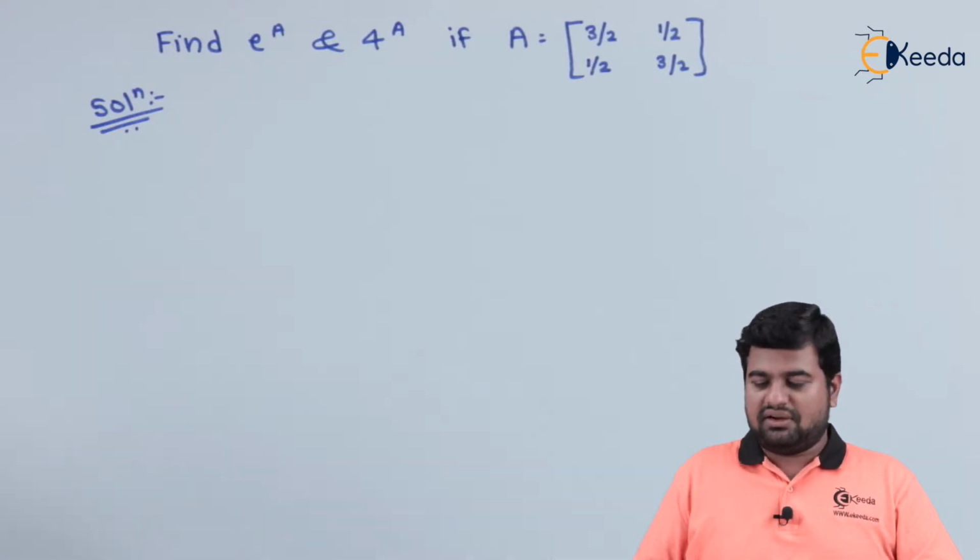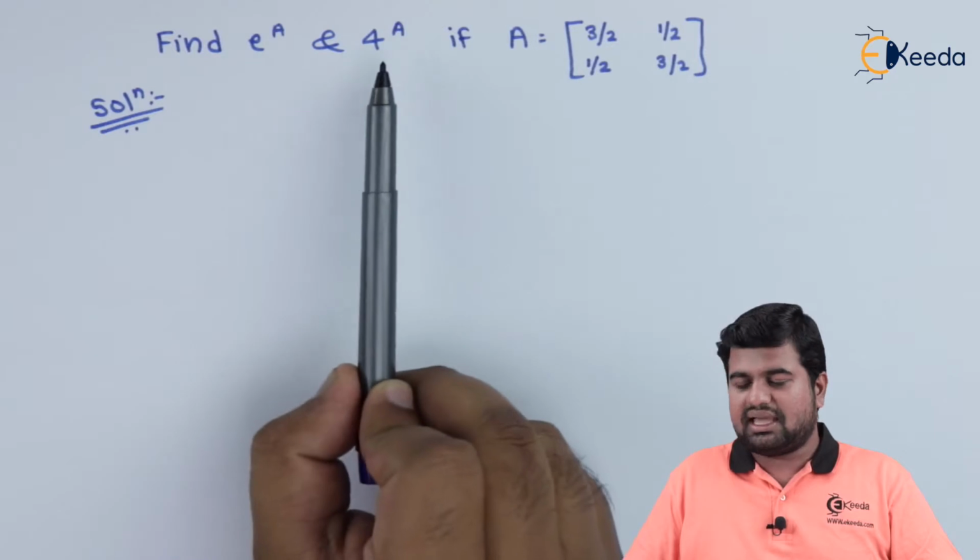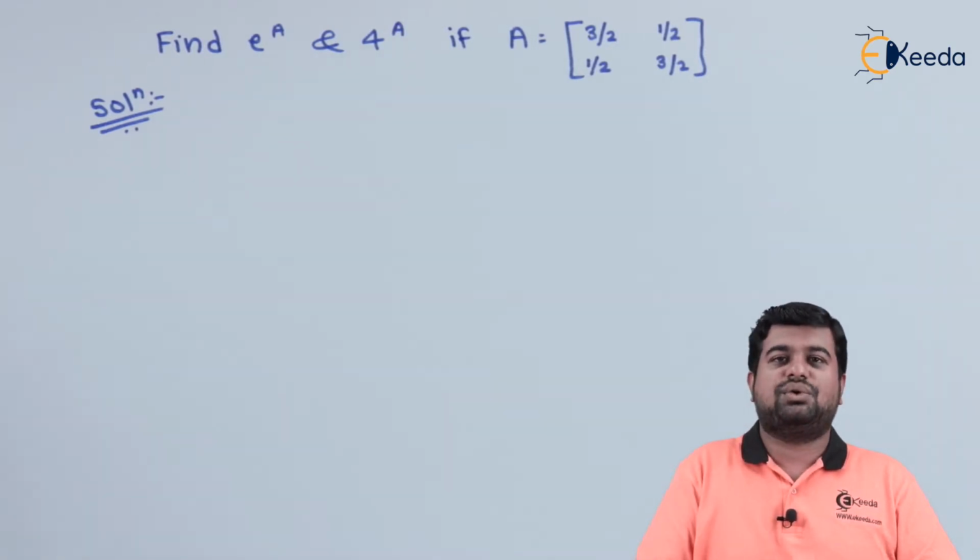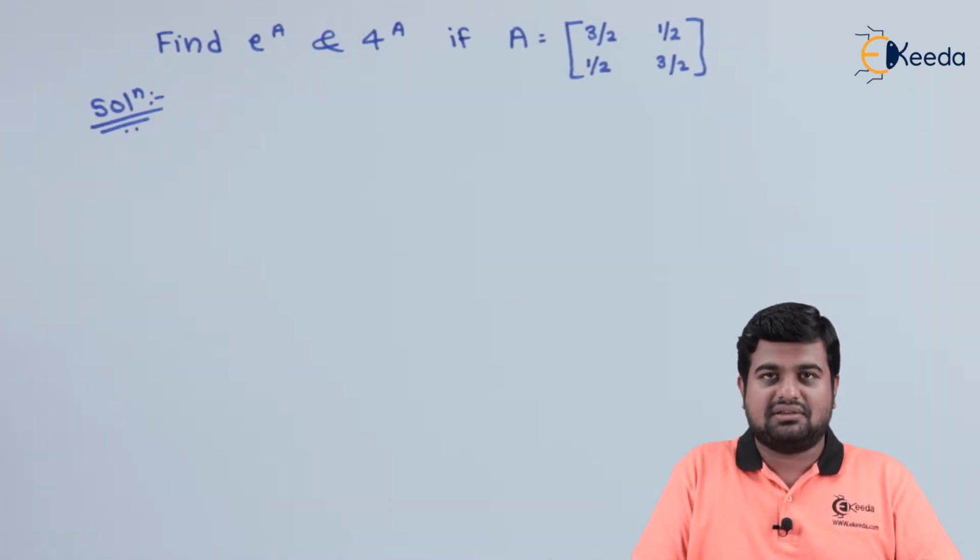Then the function, which is e raised to A and 4 raised to A, we are going to apply on the diagonal matrix D, which is nothing but the eigenvalues written in diagonal form. The same result will be obtained by multiplying M into D raised to n and into M inverse, and that is nothing but the problem. So let us get started.